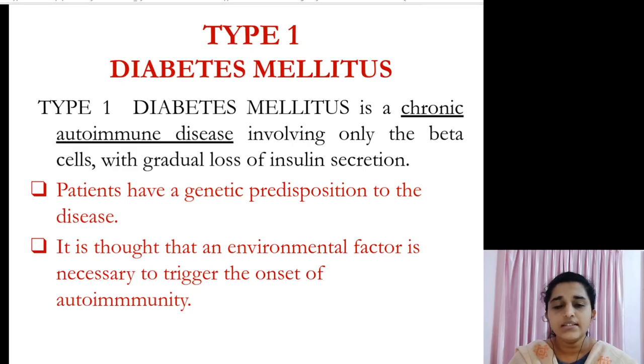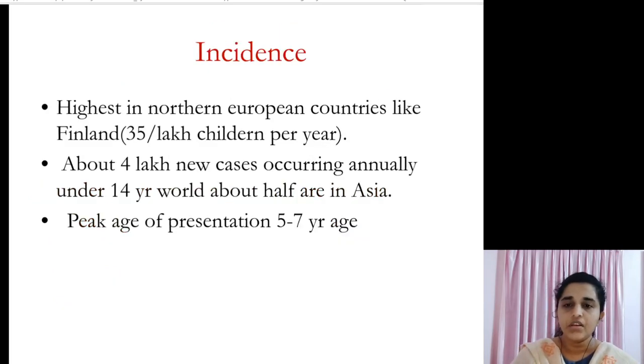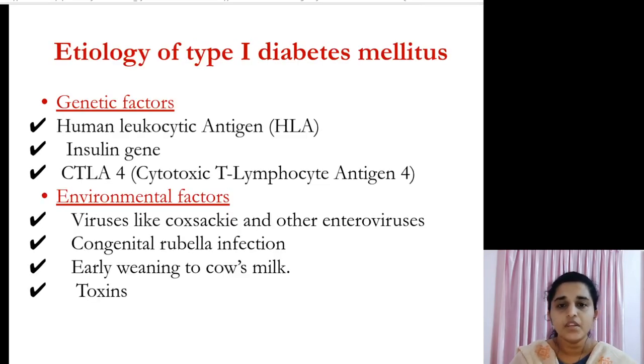And second, an environmental factor is necessary to trigger the onset of autoimmunity. The incidence is highest in Northern European countries like Finland, and the peak age of presentation is 5 to 7 years of age. Now we'll see the etiology of type 1 diabetes mellitus.